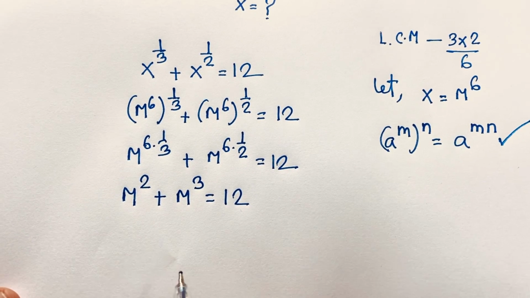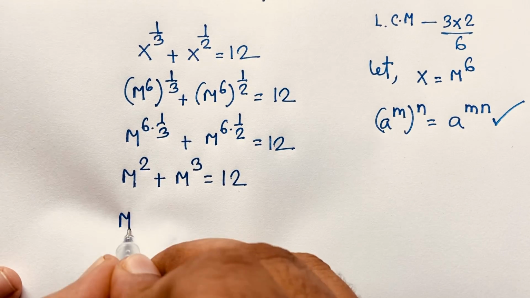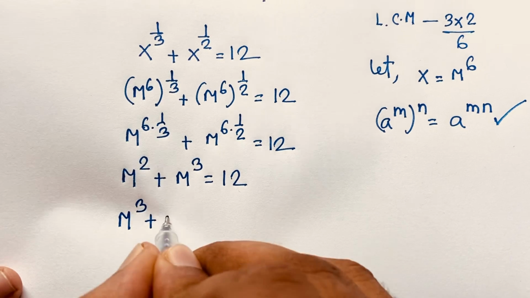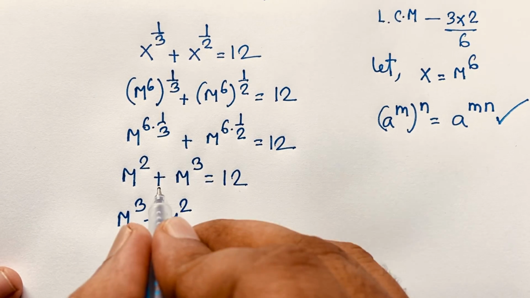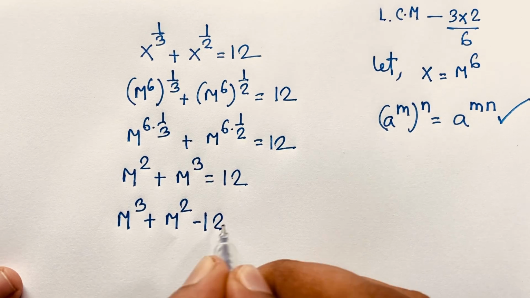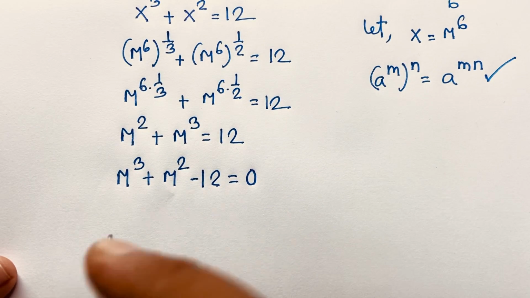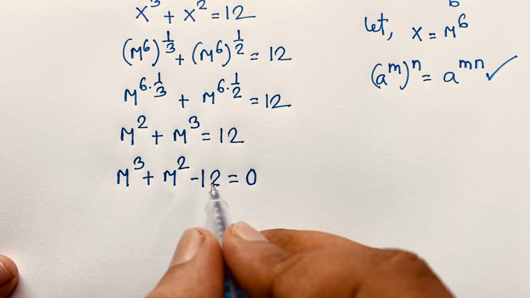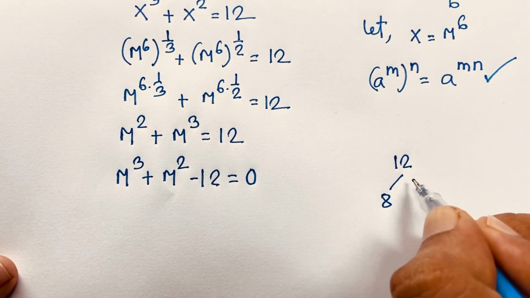We find a nice cubic equation, and this equation will be m to the power 3 plus m square. Then if I move this positive 12 to this side, it will be negative 12 is equal to 0. Now at this moment I can say this 12 will be 8 and this is 4.